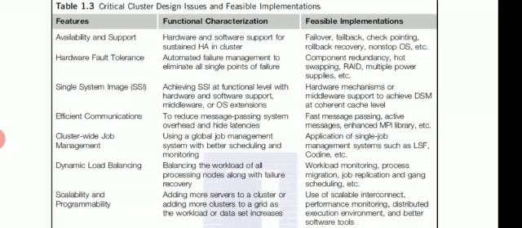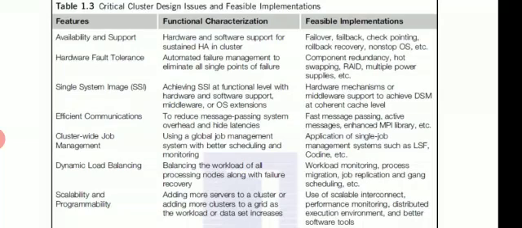The functional characterization is hardware and software support for sustained high availability in cluster. The feasible implementation is failover, failback and checkpointing, rollback recovery, non-stop operating system, etc. These are the features of a cluster.